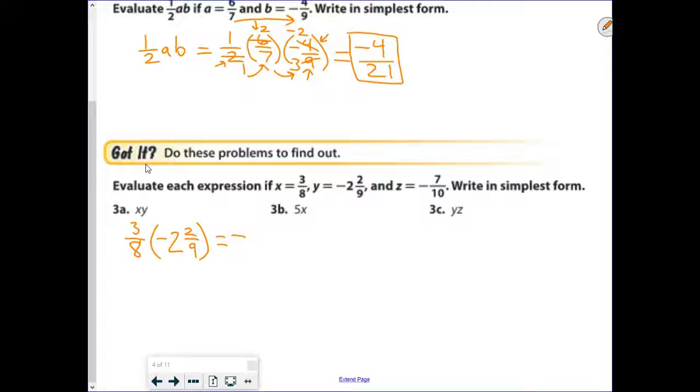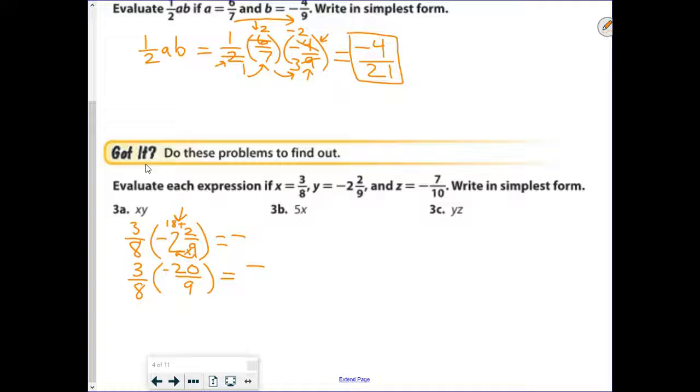Since one of my two fractions is a mixed number, I'm going to turn that into an improper fraction. So I will drop 3/8 down, and I will multiply 9 times 2, get 18, and add the 2 of the numerator in. So I end up with 20 over 9, keeping in mind that it's negative, so that I will get a negative answer when I multiply.